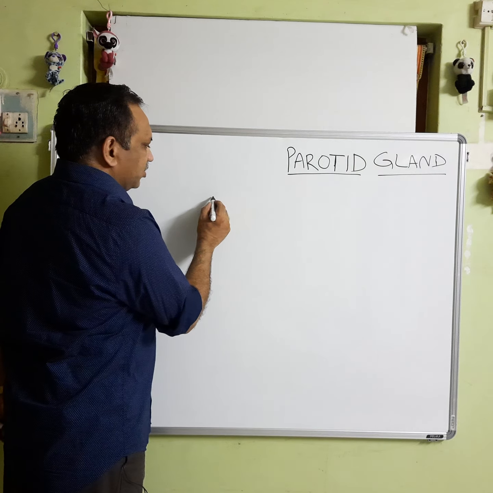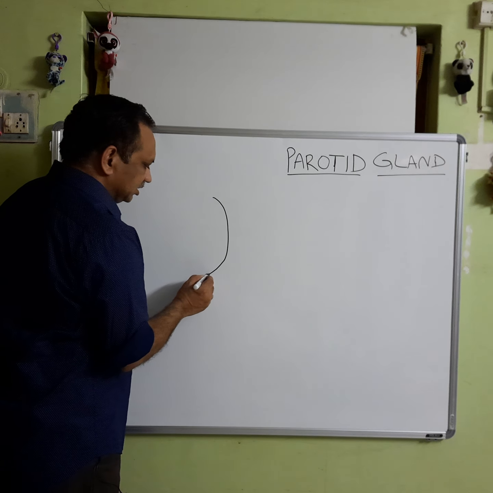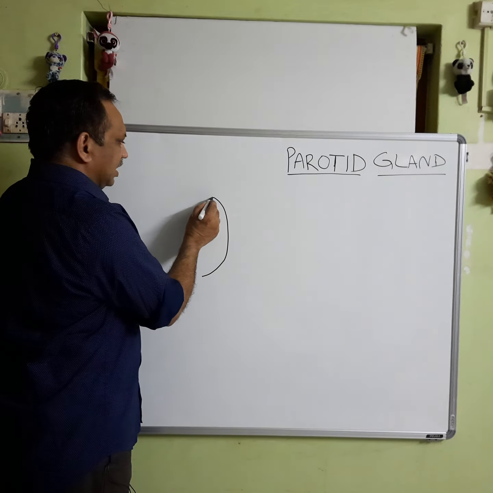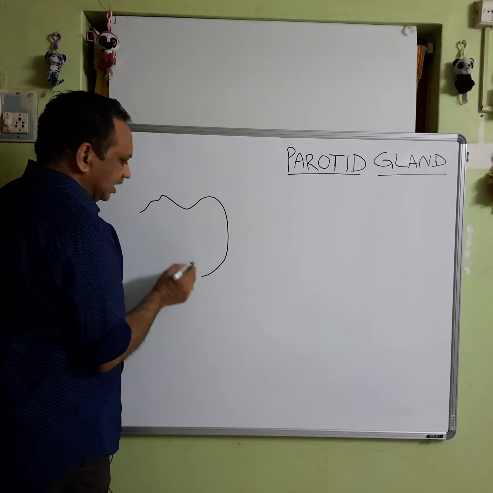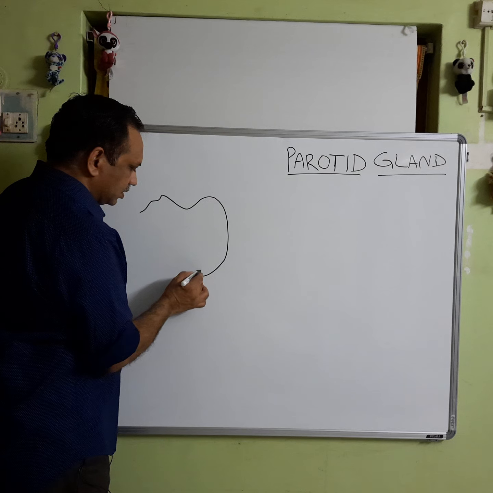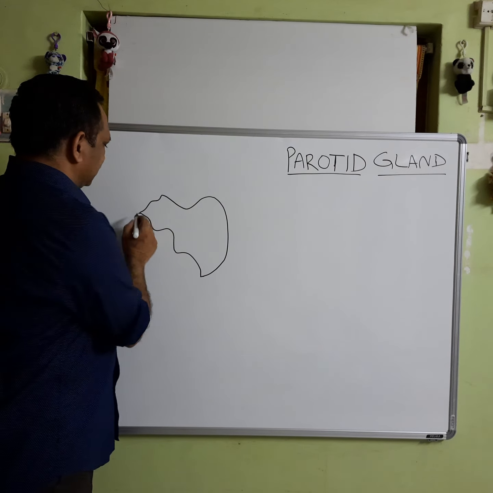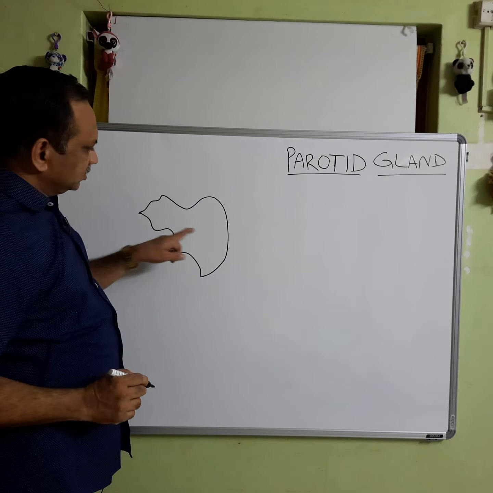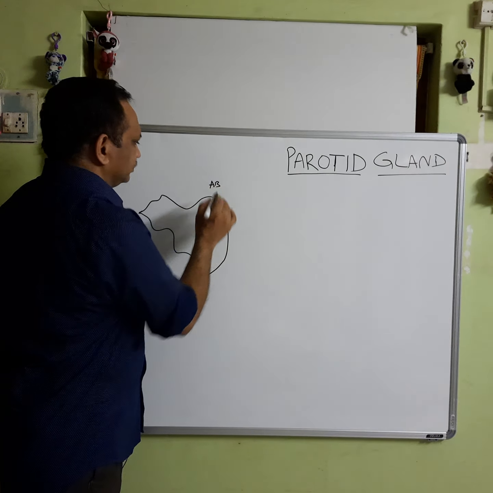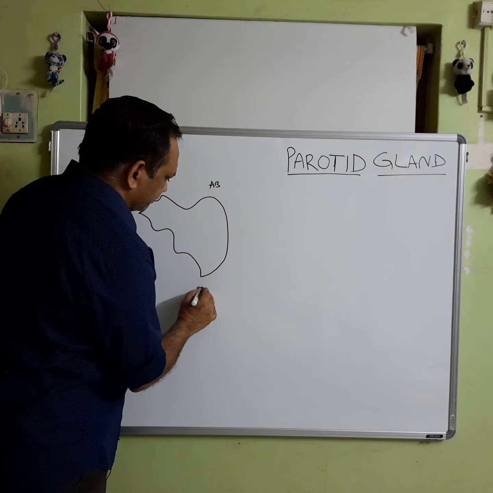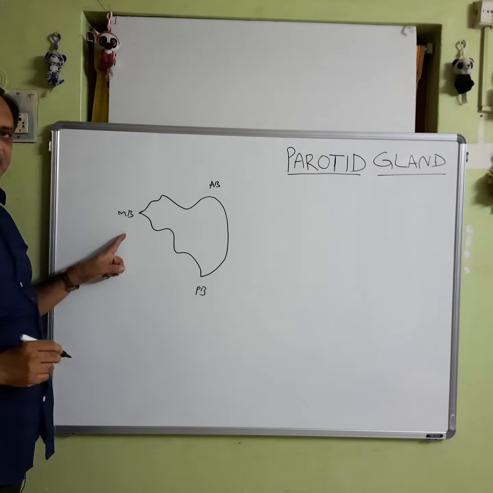So, the anterior border is towards the masseter muscle, this is the posterior border and this is the medial border. So, like this. This is the anterior border, posterior border and medial border.